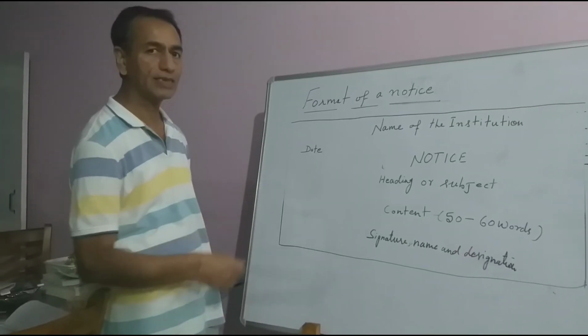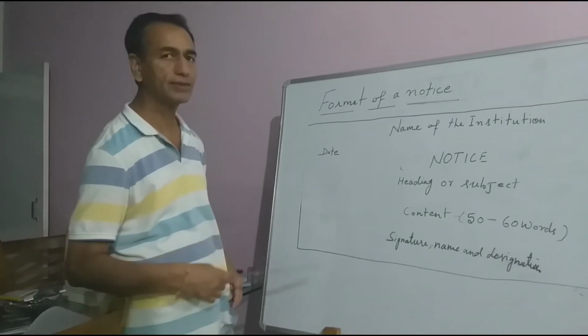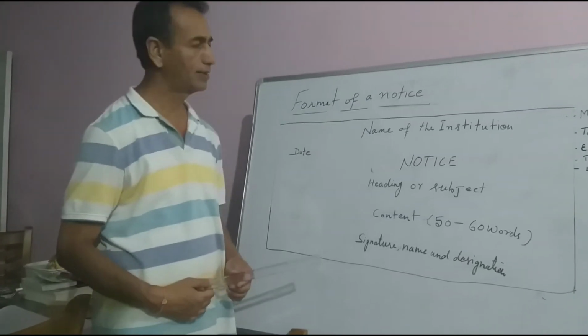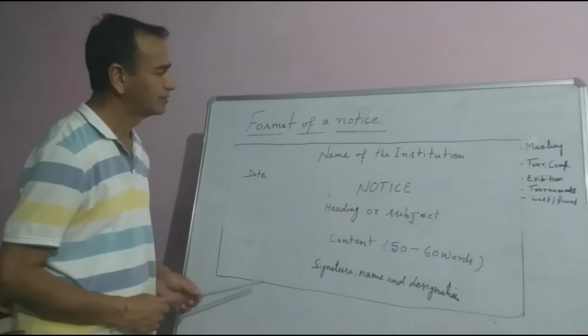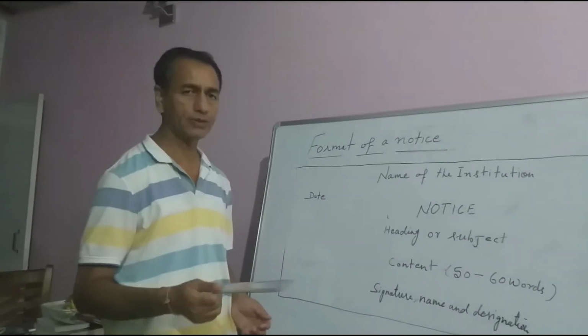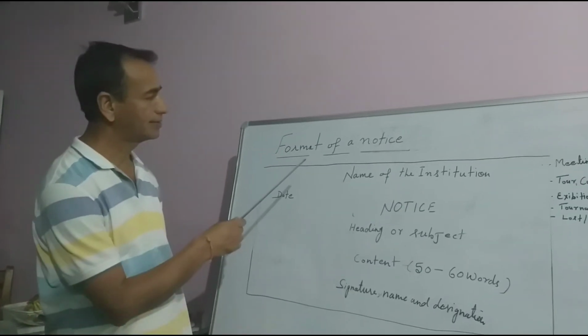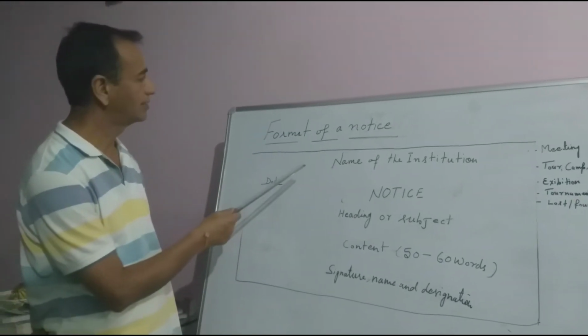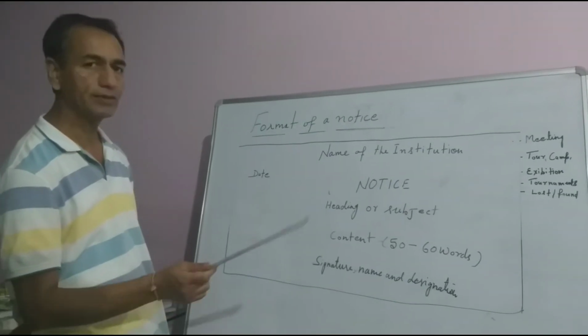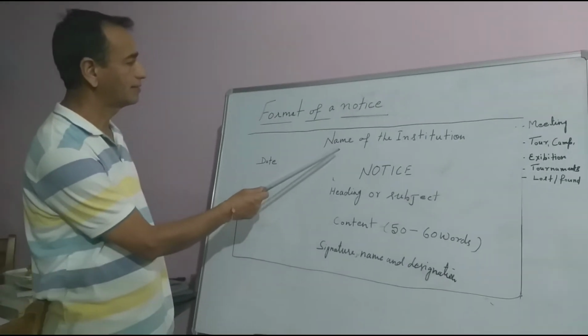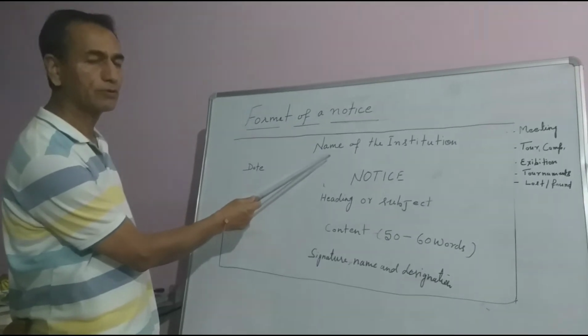Now you can see on the board the format which is very important in notice writing. So how many things are there? I have already told you. Now how these steps are put in a format, you can see here on the board. So what is the first step to write a notice?